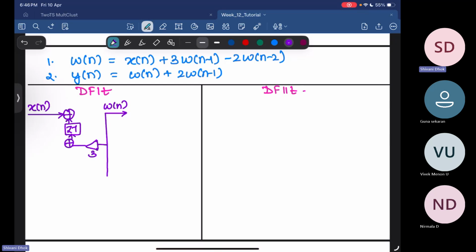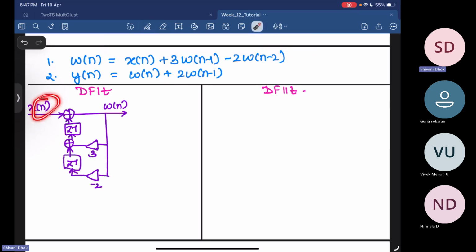Similarly, you have minus 2 z inverse like this, and then this is nothing but your w of n. So x of n plus 3z inverse minus 2z inverse into z inverse is nothing but your W of z. So this is your w of n.